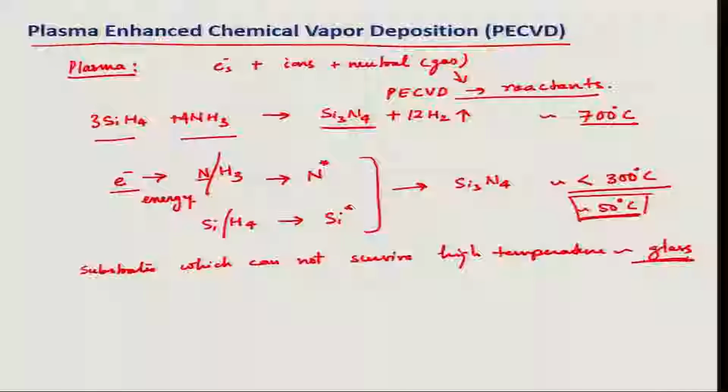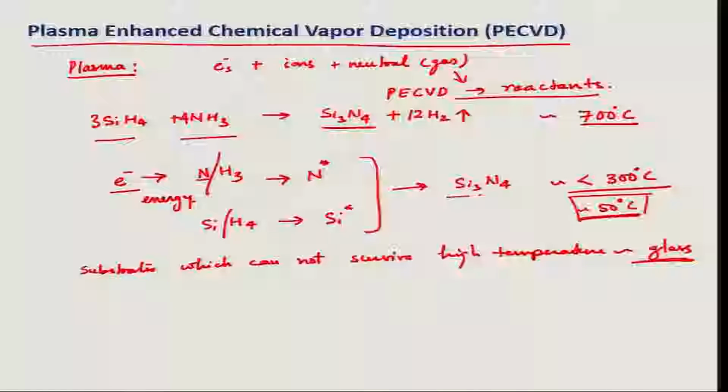Okay. Glass cannot survive a temperature above 500 degrees C, because its glass transition temperature falls close to between 500 to 600 degrees C. So, it will start to soften at that temperature. So, if you want to deposit silicon nitride on glass, you need to use PECVD, okay, plasma enhanced chemical vapor deposition.